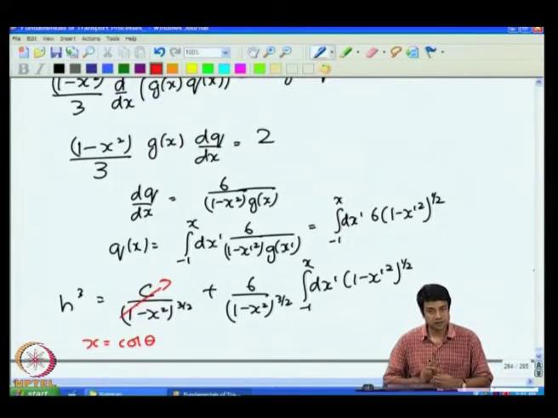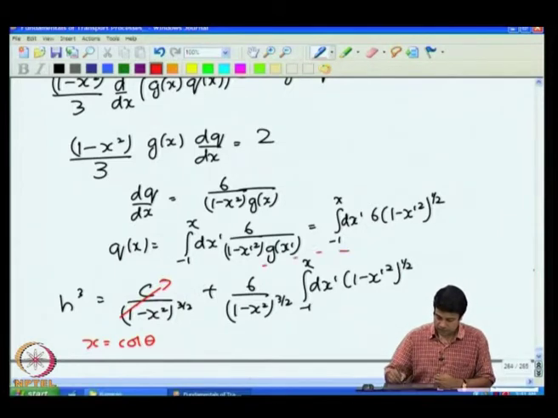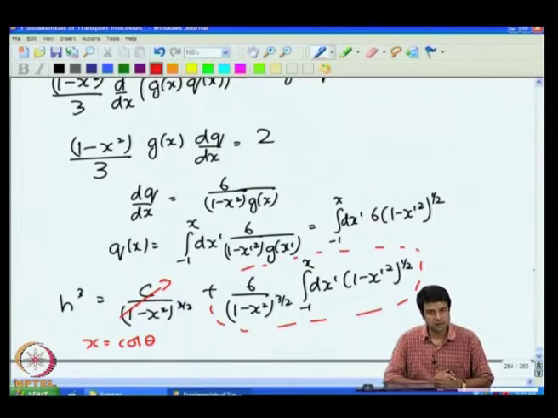Because if this constant is non-zero, note that the second integral has an integral from minus 1 to x, so this second term here is finite at x is equal to minus 1. Therefore, if the boundary layer thickness has to be finite at x is equal to minus 1, or theta is equal to pi, this constant has to be equal to 0.